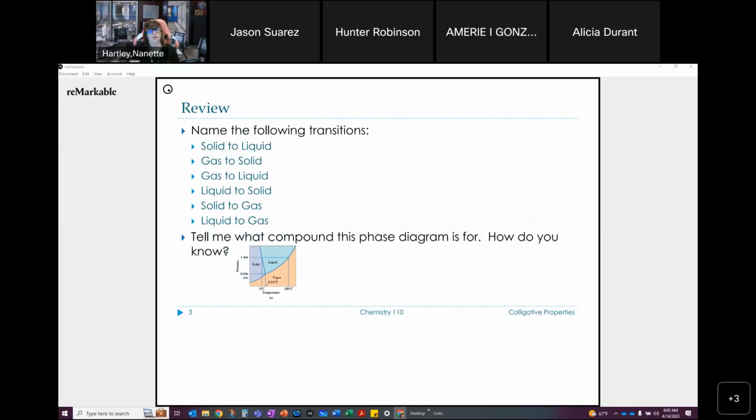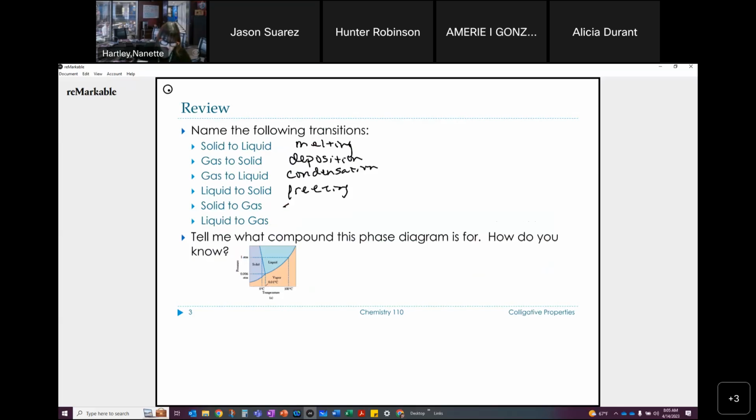All right. We also talked about phase changes. So when we talk about phase changes, if I'm going to go from solid to liquid, that's melting. Gas to solid is deposition. Gas to liquid is condensation. Liquid to solid is freezing.